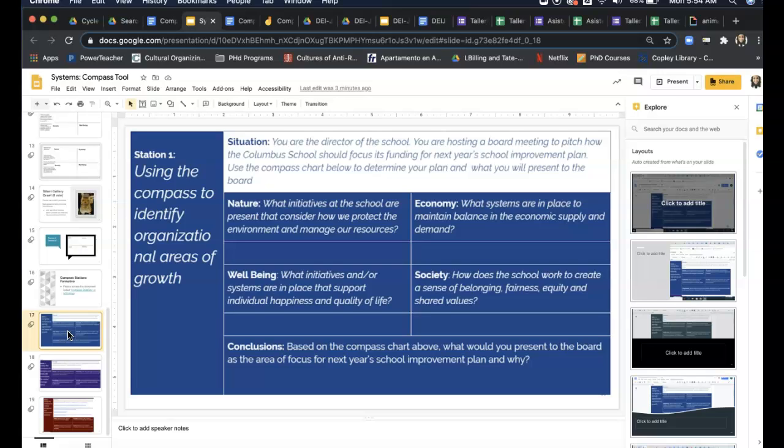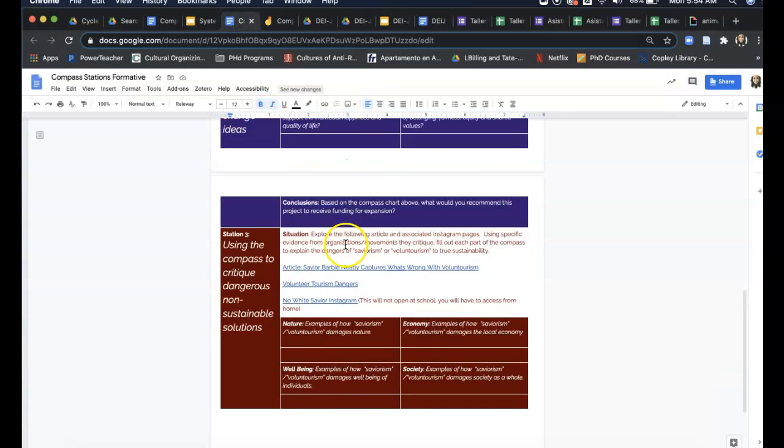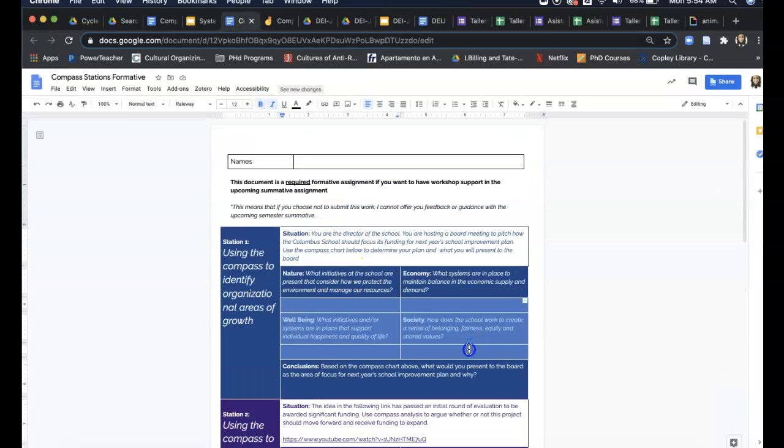But this is Compass to identify organizational areas of growth. The big thing that always comes up in this activity is just making clear to them that in these boxes, the Compass boxes, they don't need to write complete sentences. They don't need to write paragraphs. That's just bullet points. They're writing bullet points in those boxes.